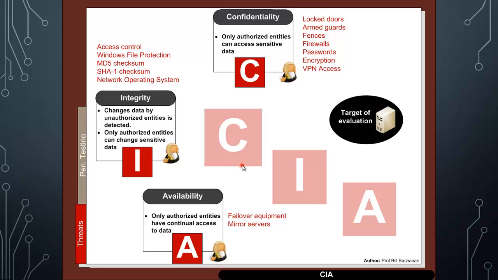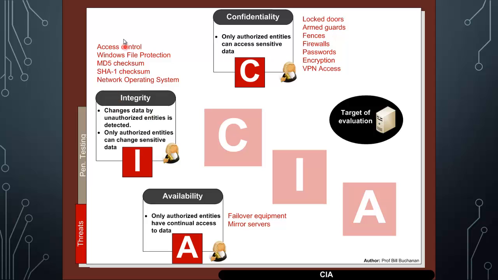And within this we typically focus on CIA, and CIA will actually look at the confidentiality infrastructure, integrity infrastructure, and the availability infrastructure. So for the confidentiality, it's really only authorized entities are allowed to access sensitive information. So for this we have firewalls and passwords and encryption and VPN access and so on, even locked doors and armed guards.